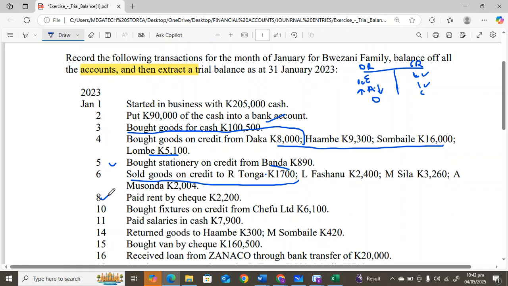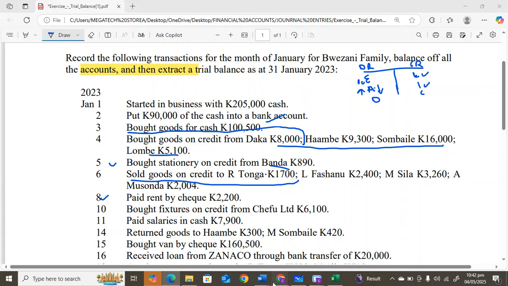On the 8th, paid rent by check 2,200. What is being debited and what is being credited? Okay, can you just explain why, according to the double entry rules, so that everyone is on board? I've got you, sir. What you've said is correct.